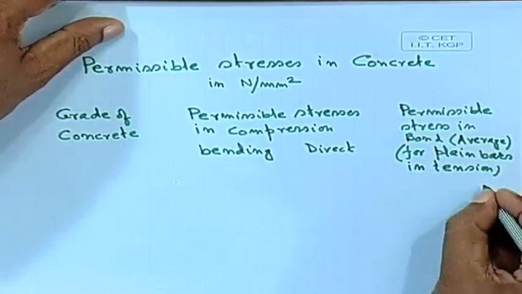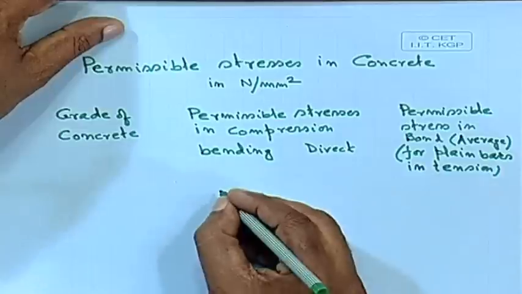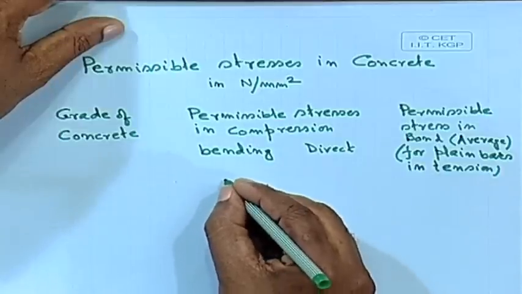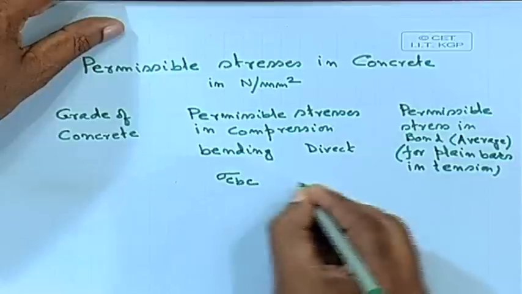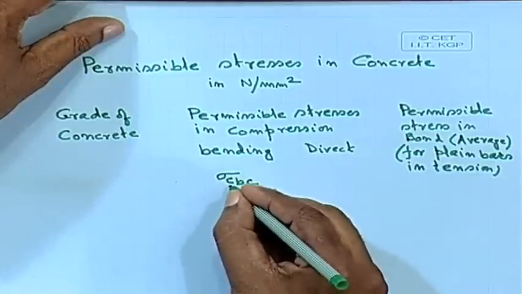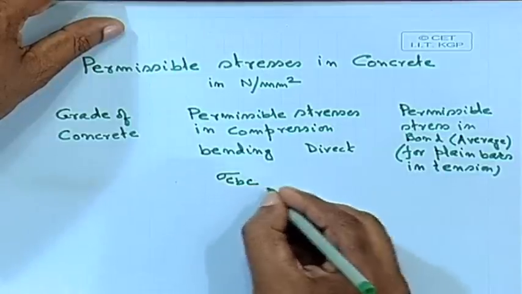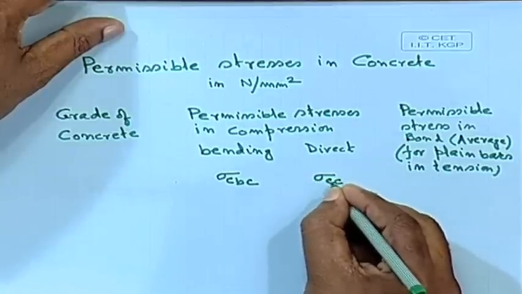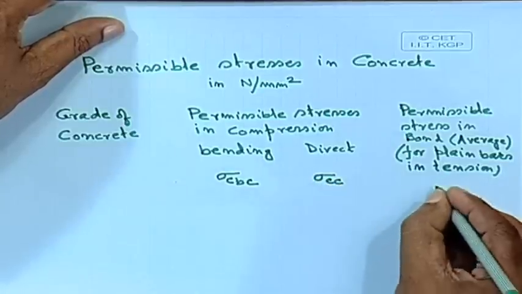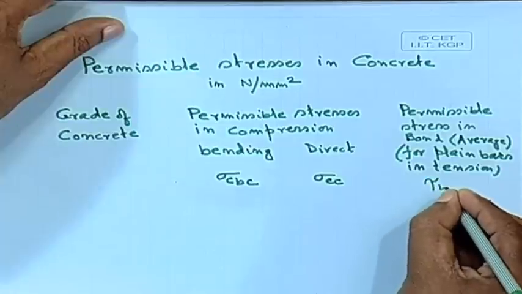So, we write down the tension and we give it sigma CBC, that is concrete bending compression, sigma CC concrete direct compression, and tau BD.